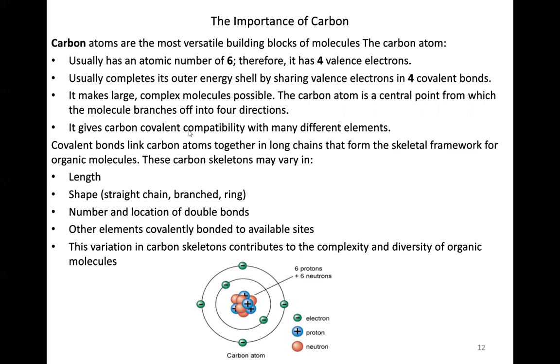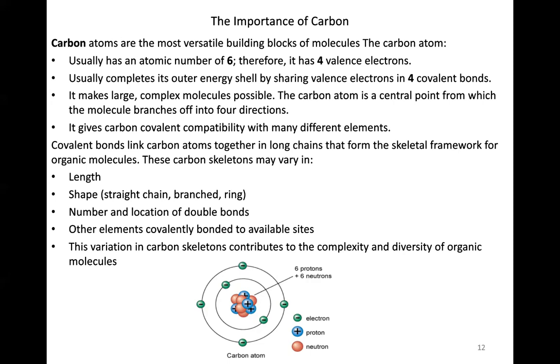Carbon has covalent compatibility. I mean, it likes to share these electrons with many different elements. Remember those 4 major elements? Carbon was one of them. What were the other 3? Carbon, hydrogen, oxygen, nitrogen, right?